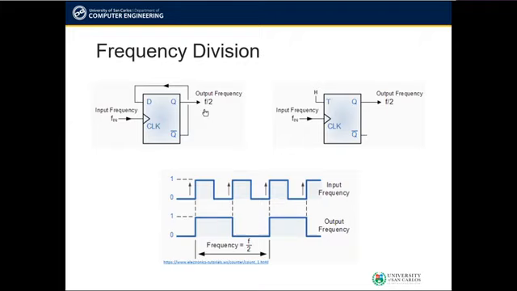In this manner, the output would simply shift high and low continuously every period or rising edge of the input clock signal, thereby dividing the clock signal by 2 in terms of frequency. And again, the output frequency will look like this.